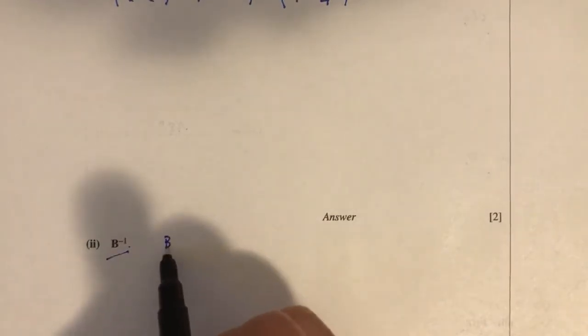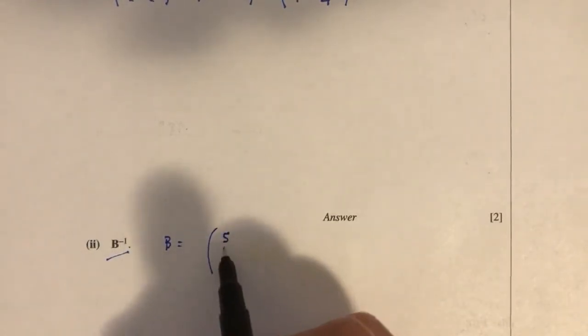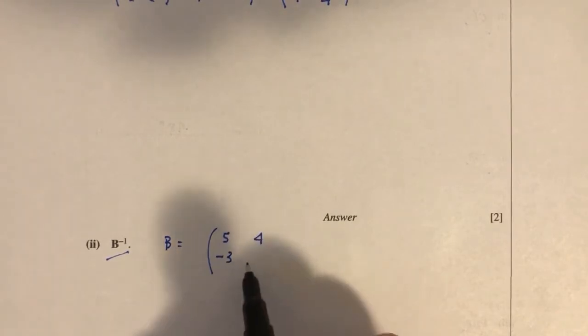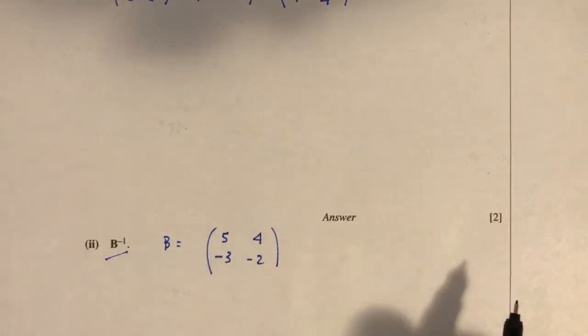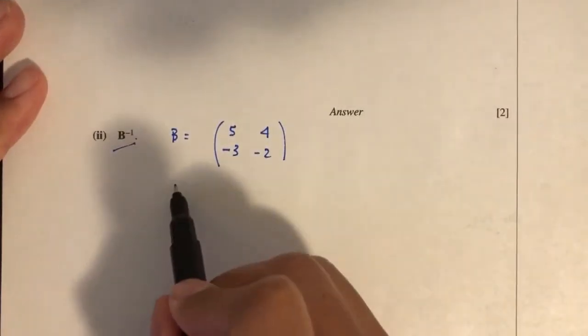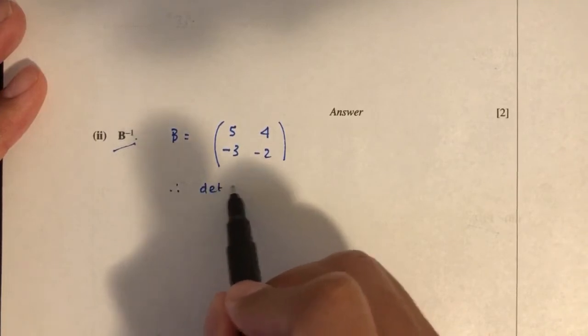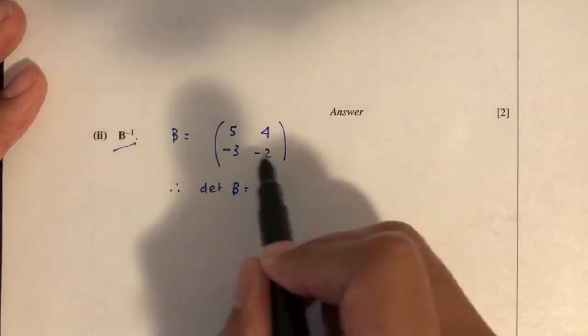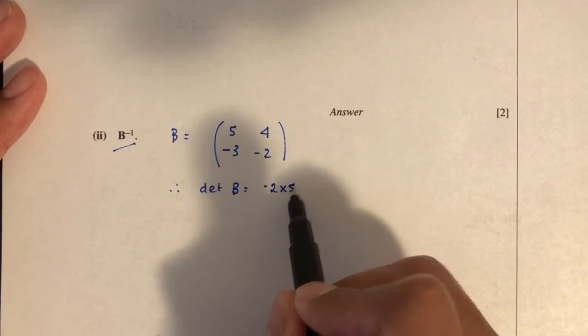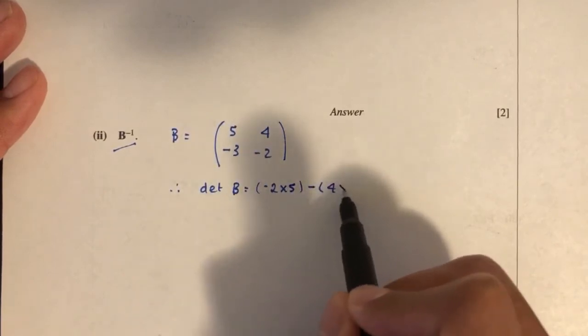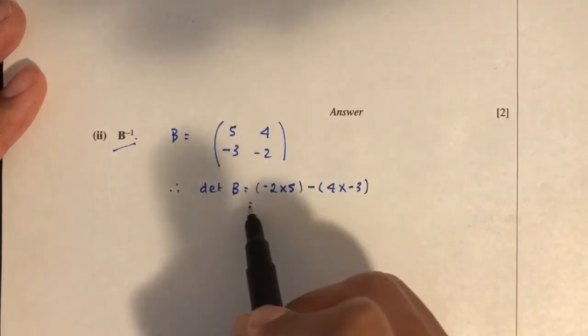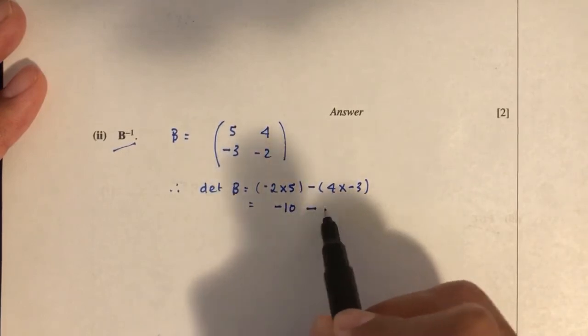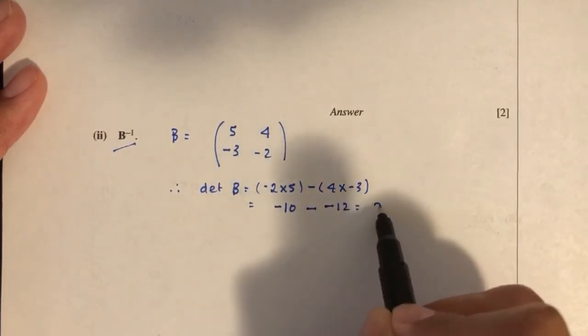Now for this one, find B inverse. So B is equal to 5, minus 3, 4, and 2. So how do you find B inverse? We have to find the determinant of B, which is minus 2 times 5 minus 4 times minus 3. That will be minus 10 minus 12. That will be 2.